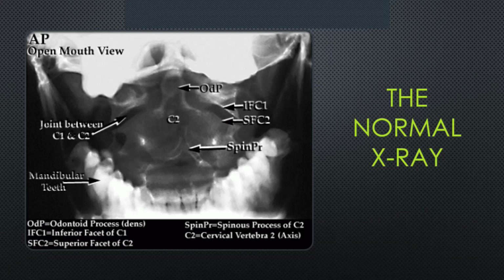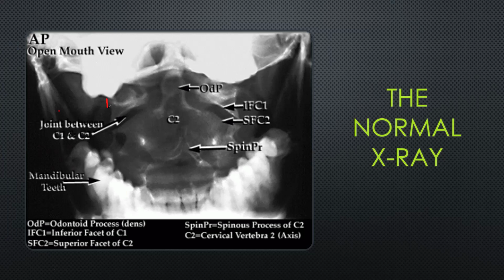The most important things to note, however, on a normal open mouth view and on a normal C-spine, what you're looking for is basically, let me try and draw it out here. What we're looking for is this C1, C2, my apologies if there's any noise in the background, that would just be my kids.